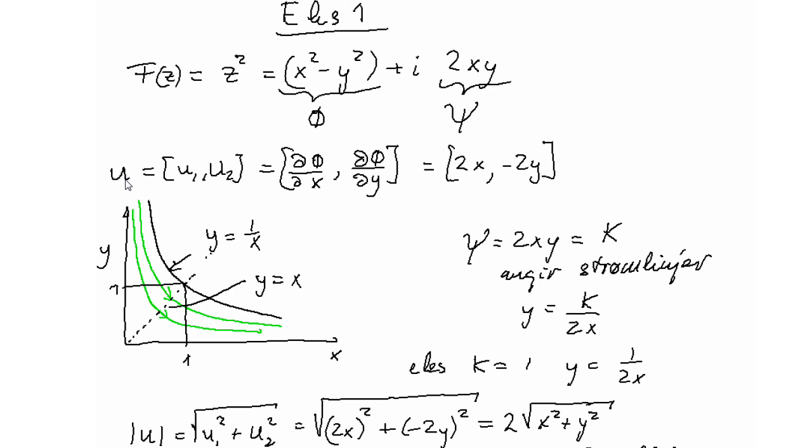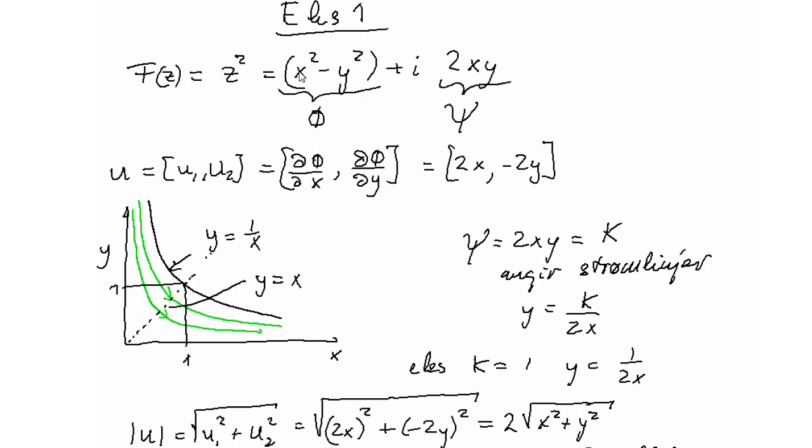You remember that the velocity is a vector with components u1 and u2, and we remember that these u1 and u2 are found by taking the gradient of this scalar potential, or the real part of this complex potential.